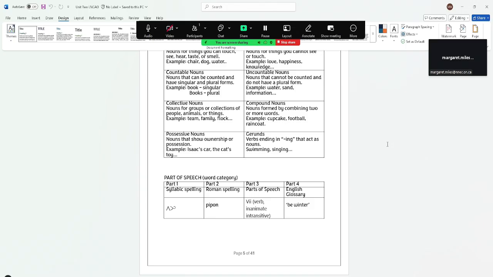Part 4, English glossary. So part 1 is written in syllabics. Part 2 is written in Roman spelling. Parts of speech, VII, which is a verb, inanimate, intransitive. And the English glossary is winter, be winter.